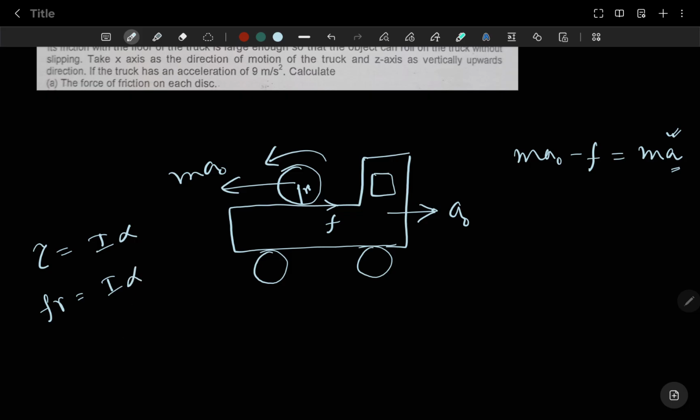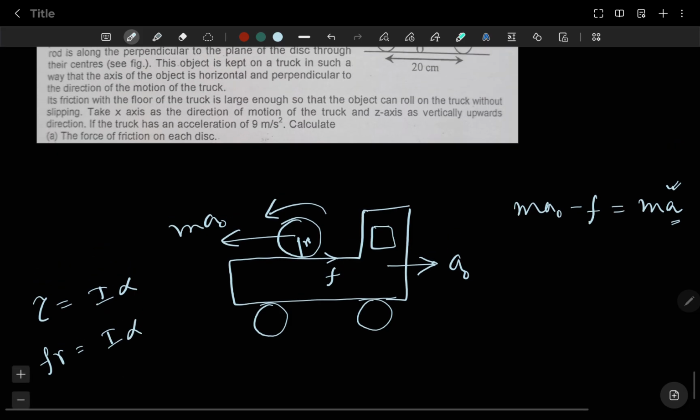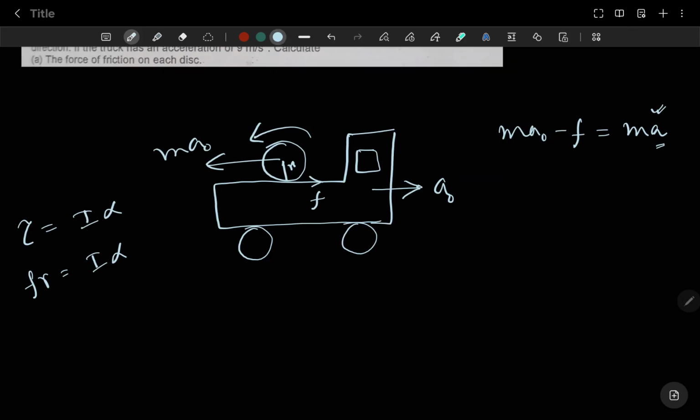Okay, so here Fr equals, this is a disc, the wheel is a disc, half m r square alpha. So F is half m r alpha.